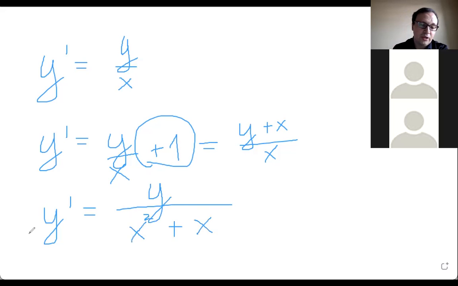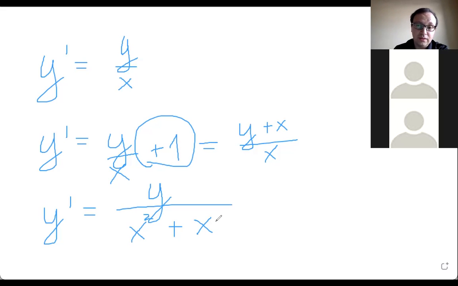So this equation is clearly linear and homogeneous. It is a homogeneous linear equation because you see it's linear in y prime, it's linear in y, and the coefficient of y is 1 over x squared plus x, and it has no source term.